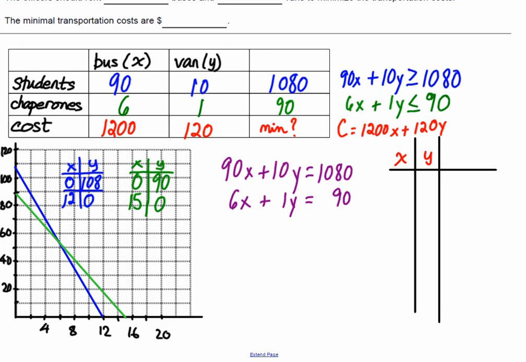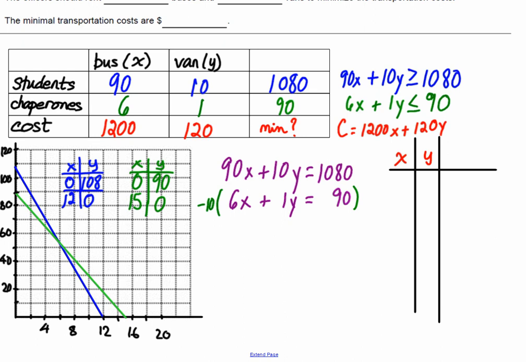Now our goal is to eliminate one of the variables. So I choose to eliminate the 10. So I'm going to multiply the bottom equation by a negative 10.